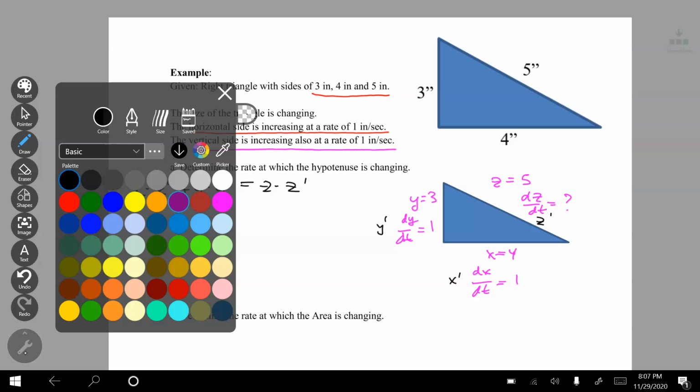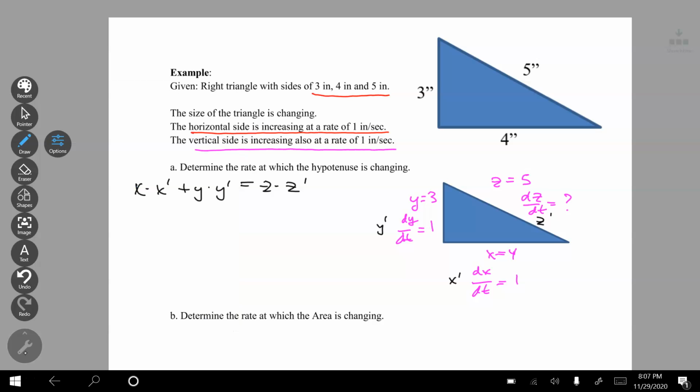And right now, I know 5 out of these items. I know x is 4 times 1 plus y is 3 times 1 is equal to side z, which is 5. And the only thing I don't know is z prime. Well, I add this together, I get 7 equals 5 times z prime.